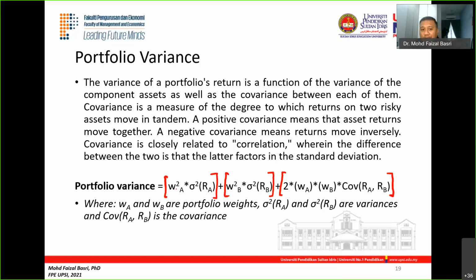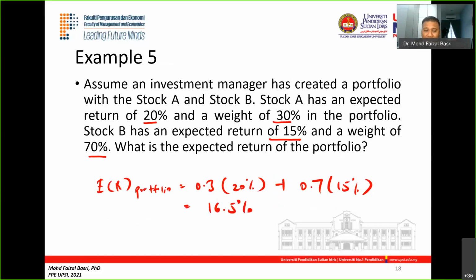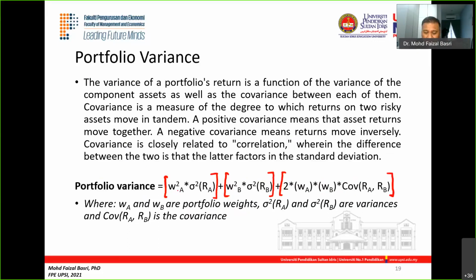So if we use this example, this would be 30% weight A and 70% weight B. Weight A, 30%, you need to square, weight A squared, multiplied by this sigma squared.